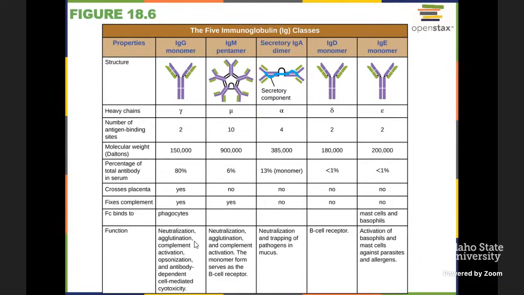So the functions of these, and there's a lot of similarity with G and M, they can neutralize, so maybe toxins that are being secreted, they could take those out of commission. They cause agglutination, the clumping up of stuff, whatever it is. They fix complement, stimulating the destruction.